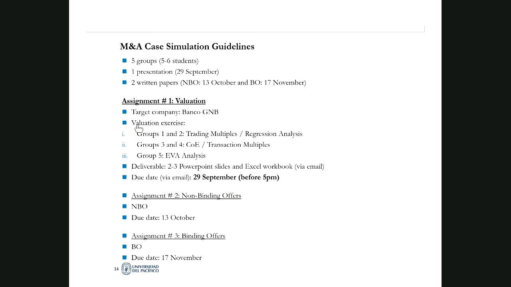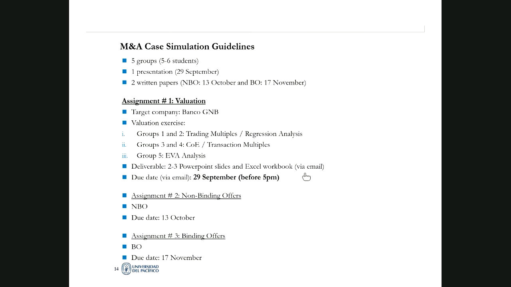The evaluation exercise will be done in this way. Groups 1 and 2 will be doing trading comps and regression analysis. Groups 3 and 4 will be doing cost of equity and transaction multiples. And group 5 is going to be doing the EVA analysis. The specific deliverable for this assignment is going to be a 2 to 3 slide PowerPoint plus the Excel workbook that you use to prepare these slides.